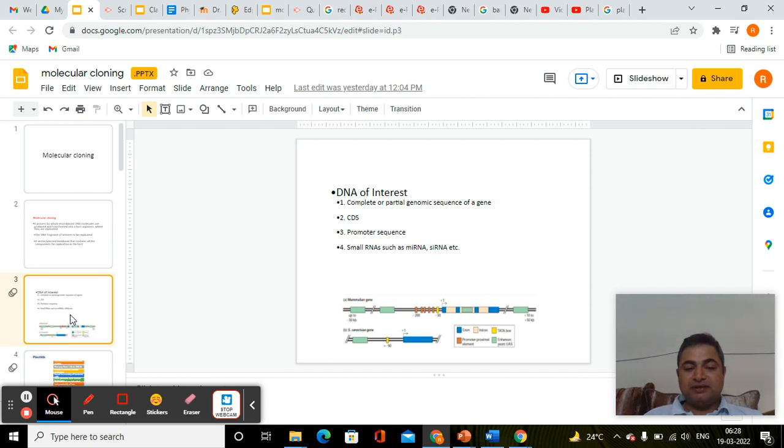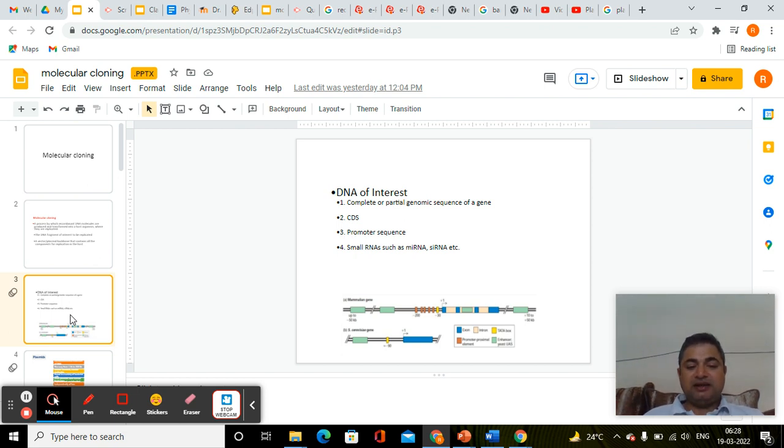This gene of interest can be a piece of DNA fragment from either a complete or partial genomic sequence, or alternatively it can also be a complete coding sequence or a part of a coding sequence. In promoter characterization studies, you can even clone promoter sequences also. So that can also be a fragment of interest.